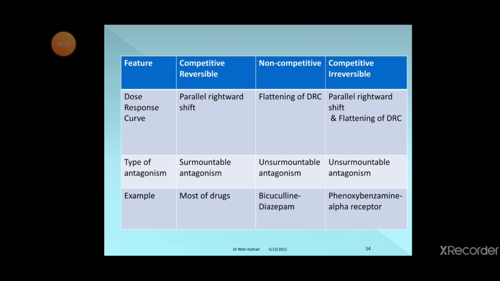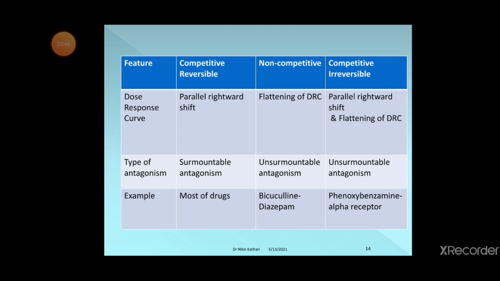Type of antagonism is surmountable in competitive reversible type because the effect of antagonism can be neutralized if we increase the concentration of agonist. So you will overcome the effect of antagonist. This is surmountable antagonism. But the antagonism is unsurmountable in non-competitive type.